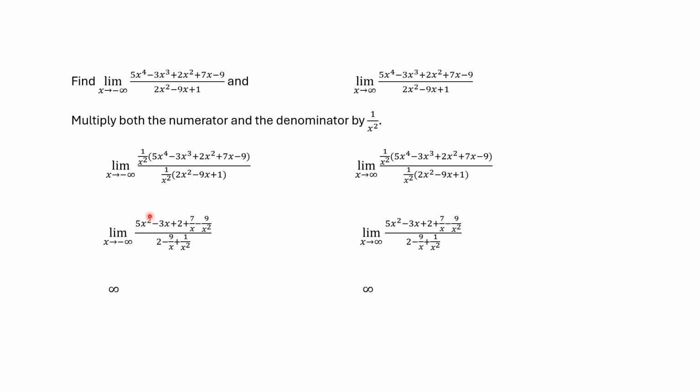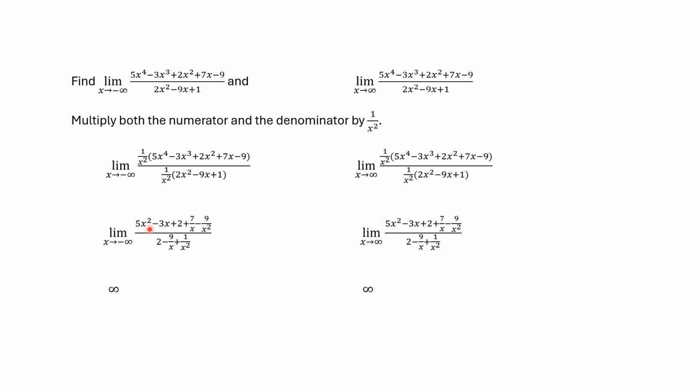And we're left with 5 times infinity squared minus 3 times infinity plus 2. The infinity squared is going to be the largest, so that's going to tend to infinity, and we're going to divide that by 2. Likewise, over here, we're going to end up with infinity. So the limits are both infinity.